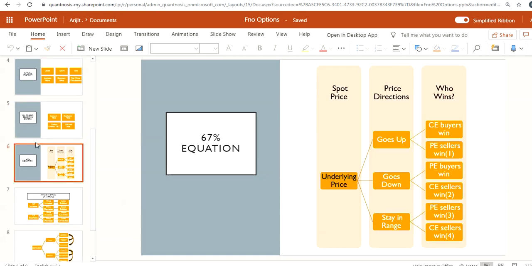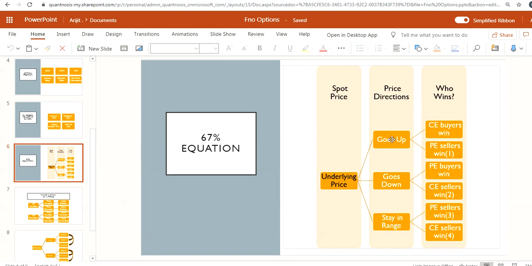Okay. Now, we mentioned that option buyers can make unlimited profit and option sellers can have unlimited loss. So what happens when the spot price or underlying price of the contract is already moving?